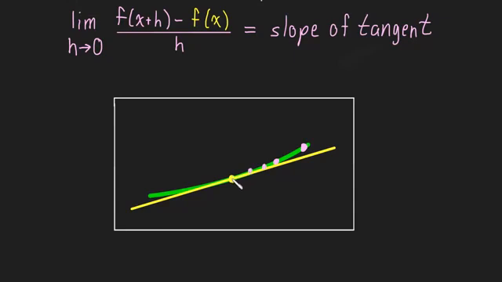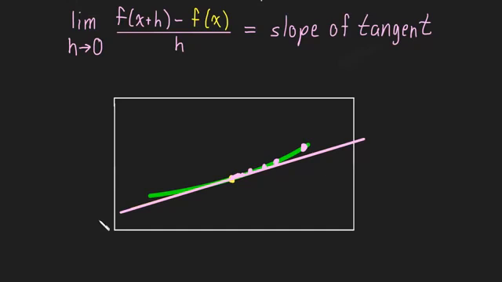You could see here it's still an estimate, here it's still an estimate, here it's still an estimate. It's always still an estimate, but as we get infinitely close, the estimate becomes exact. We're essentially finding the slope at a single point.